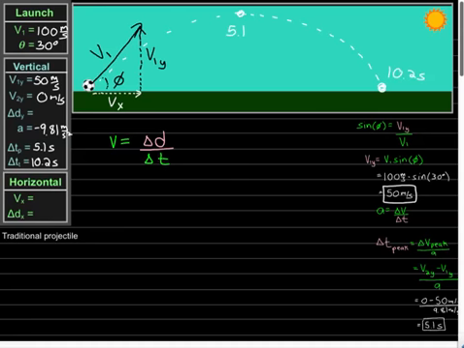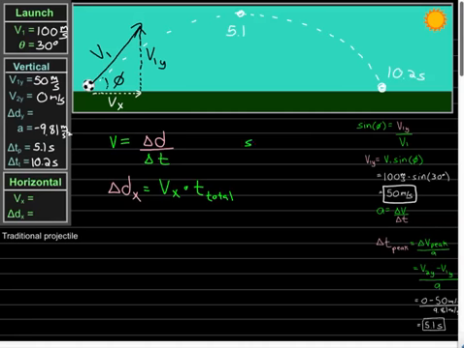Solving for displacement, specifically the horizontal displacement, which we call the range, is going to be equal to the horizontal velocity times the total time it's in the air. So actually plugging this in, well, we didn't find the horizontal velocity yet. So let's solve for the horizontal velocity.